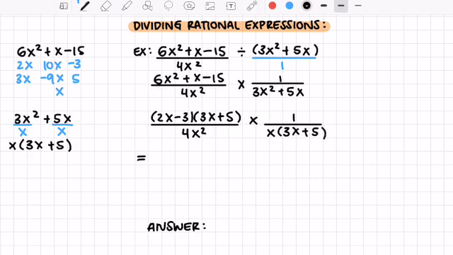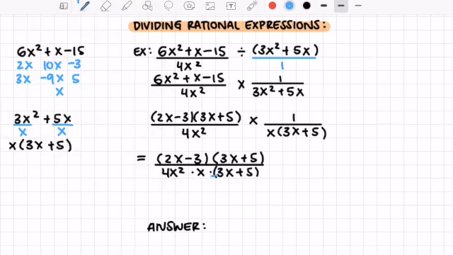So combine them together, we have 2x minus 3 times 3x plus 5, and that's dividing with 4x squared times x times 3x plus 5. So from here, I can cancel out the factor of 3x plus 5 and 3x plus 5.